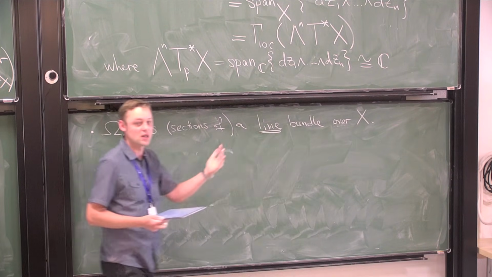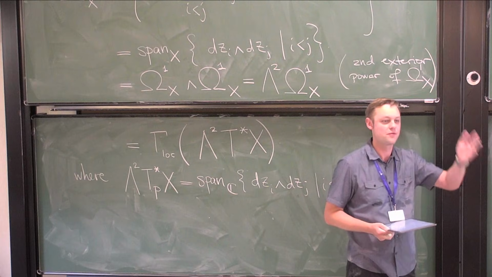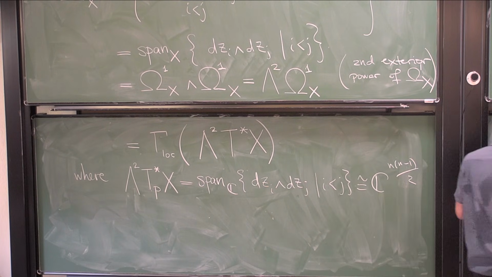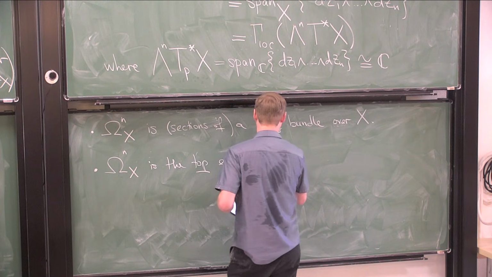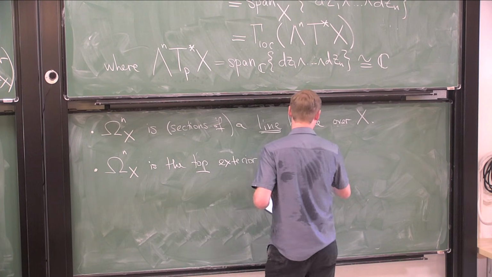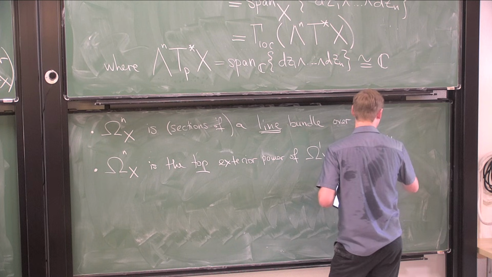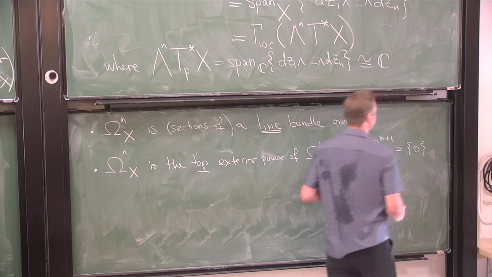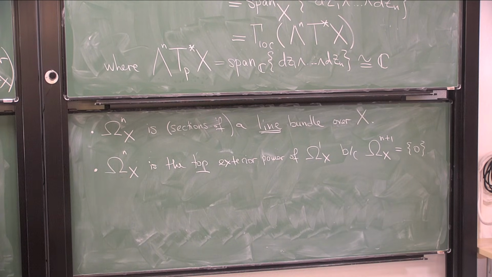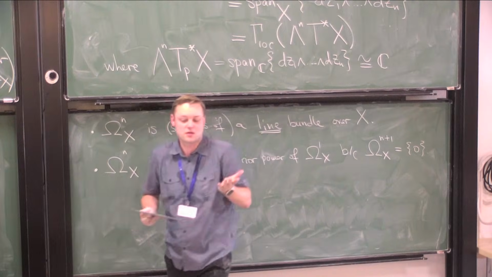And so any power of Omega^1_X strictly higher than n gives bundles that are just trivial. They're just bundles of the zero vector space. Omega^(n+1)_X is just zero. The only vector that you can make out of wedging more than n of the dz's is the zero vector.